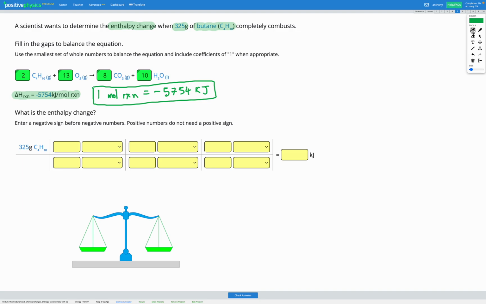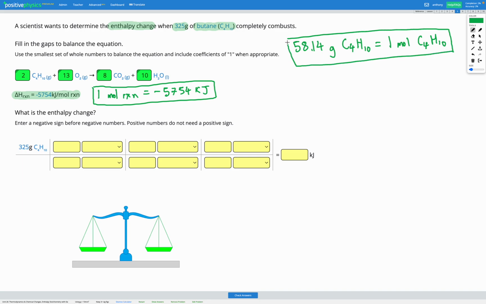So what that tells us is that 58.14 grams of C4H10 is the mass of 1 mole of C4H10. That's what our molar mass tells us. So that's going to be our conversion factor here.